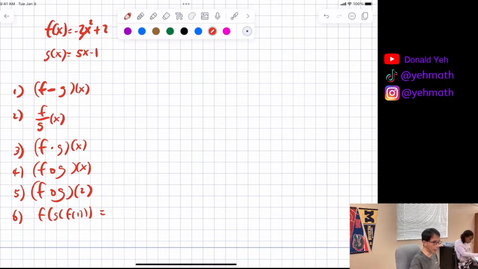I want you to figure out all 6 of them. They're all different variations. So this is 3. This is very ugly as 3, so I'm gonna rewrite that.